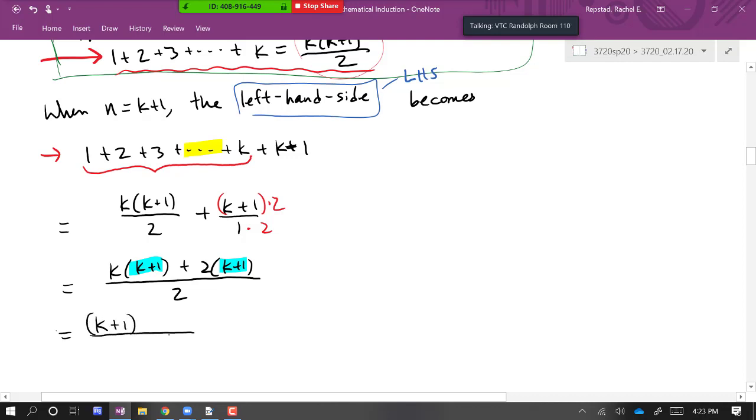If I take out a k plus 1, what's left inside? k plus 2. Yeah. And I'll be damned if that isn't exactly what we said the right-hand side should be when n is equal to k plus 1.